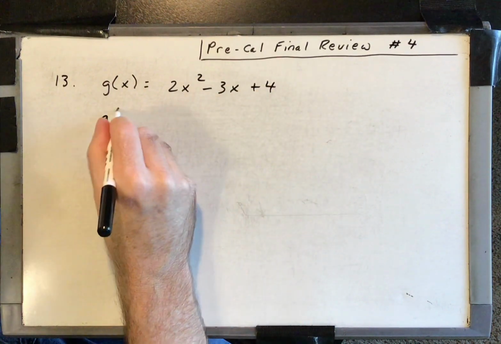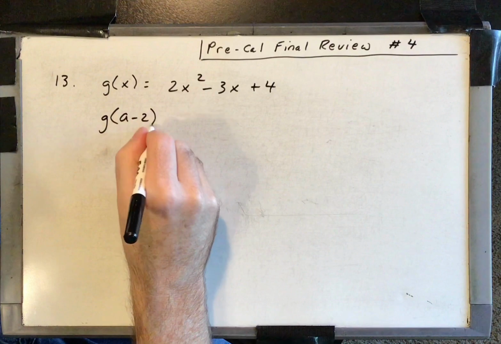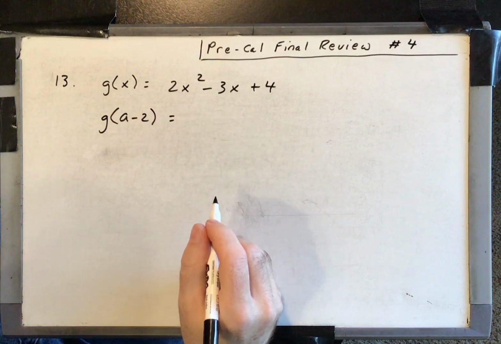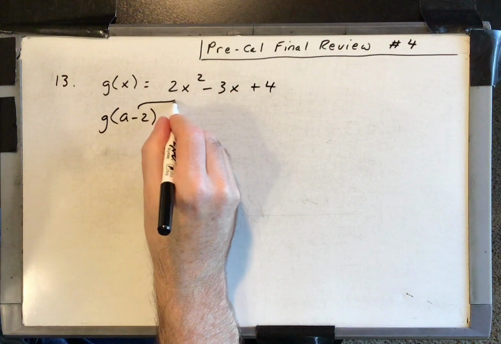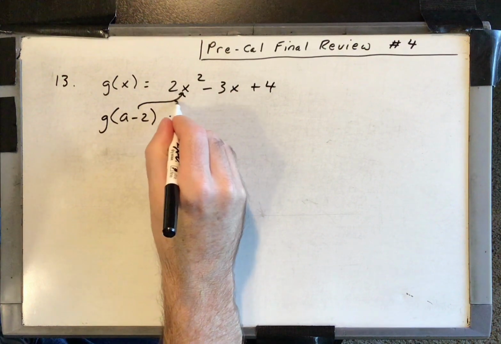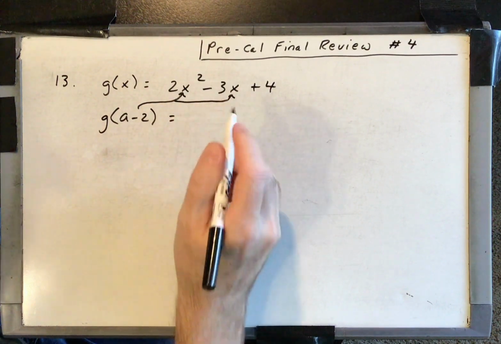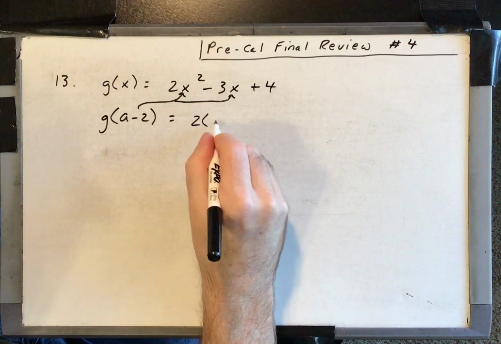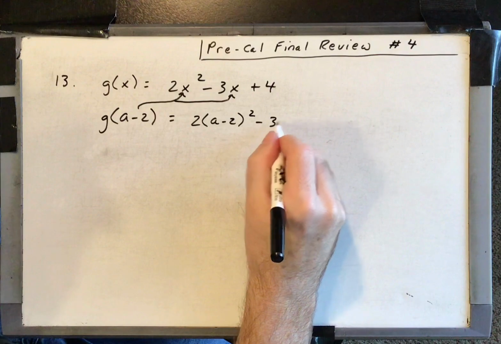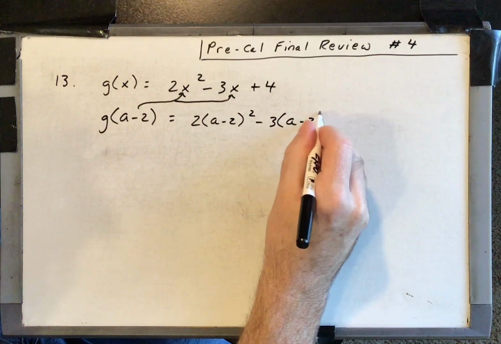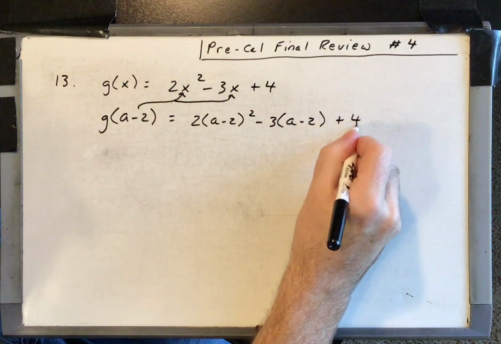We want to find g of a minus 2. What we're going to do is plug a minus 2 anywhere there is an x. So I've got 2 times a minus 2, all squared, minus 3 times a minus 2, plus 4.